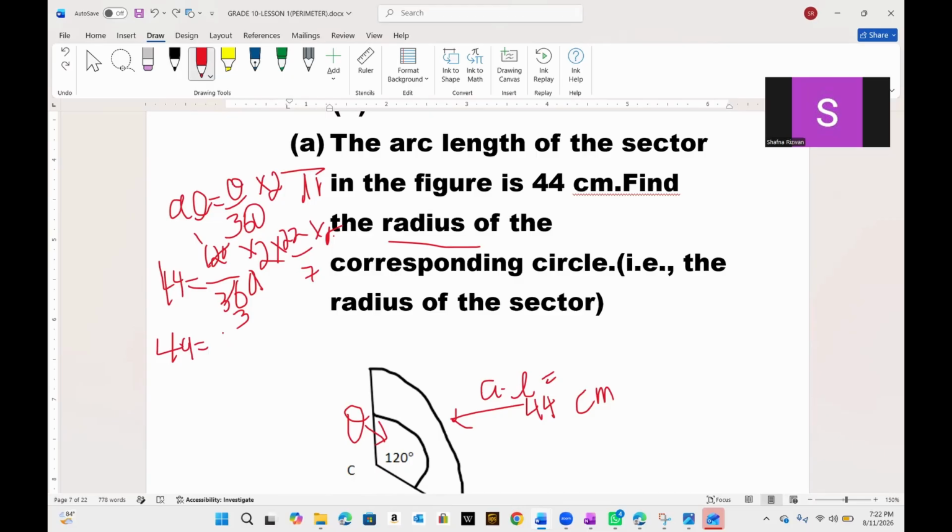Then what can you do? 2 is in the top into 22 into r, over 3 into 7. Then what can you do?